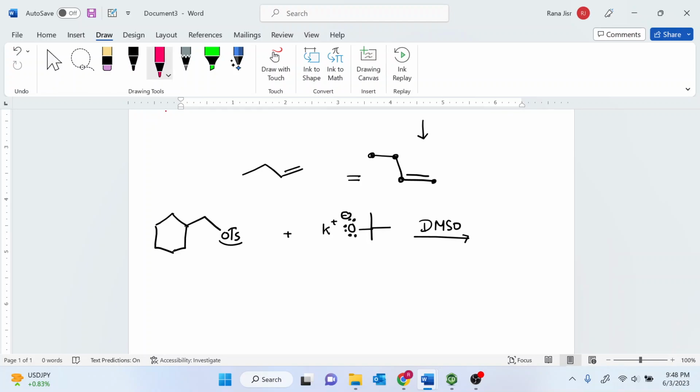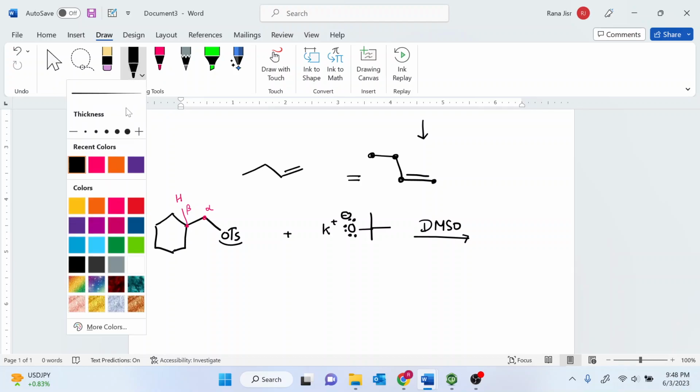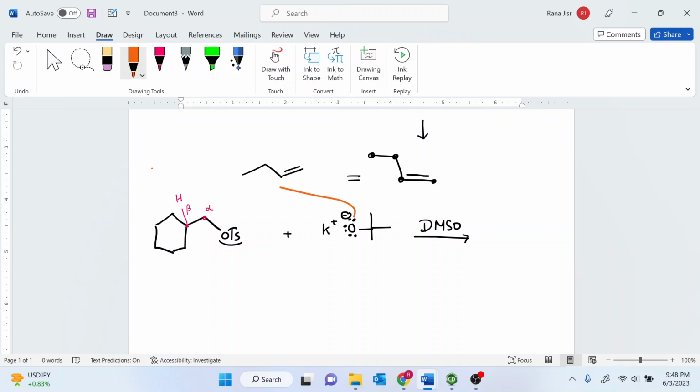Then again, you're going to locate your alpha carbon, and then you're going to locate your beta hydrogen. In this case, we're going to make the beta hydrogen in the opposite plane of that of the OTs. And then the E2 mechanism is whenever you start with the base, it's going to come, take the beta hydrogen, form a double bond, and the OTs is going to leave.